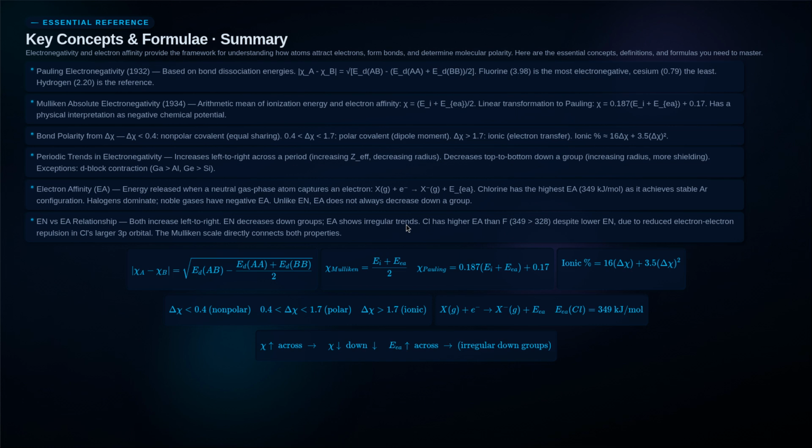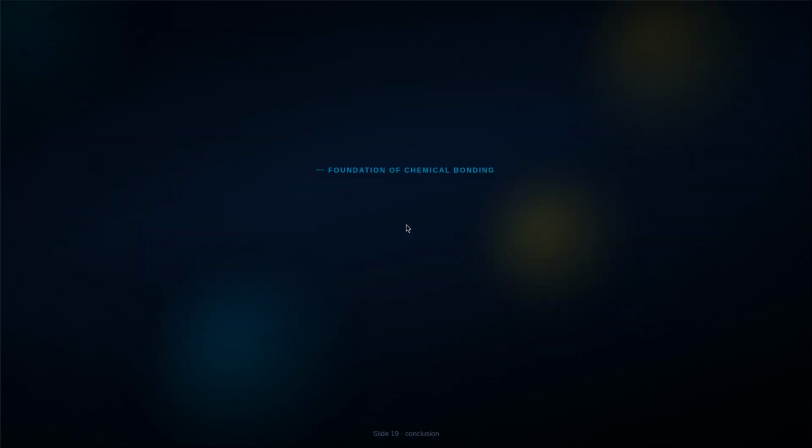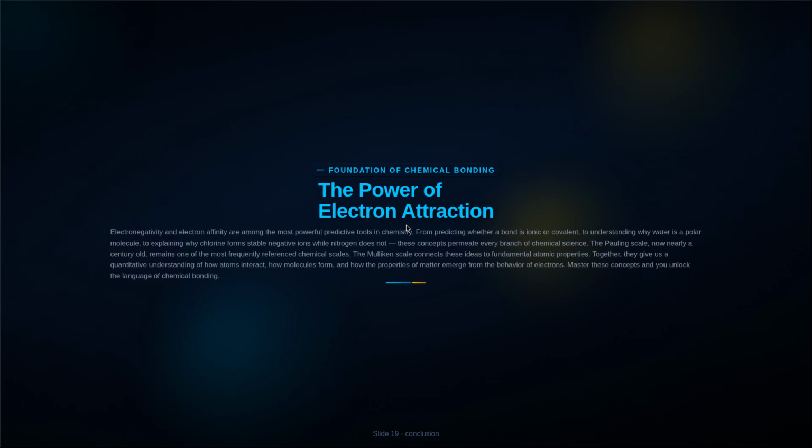Nonpolar covalent below 0.4, polar covalent between 0.4 and 1.7, and ionic above 1.7. Electronegativity increases left to right and decreases top to bottom in the periodic table. Electron affinity measures energy released when a neutral atom captures an electron. Chlorine has the highest value at 349 kilojoules per mole. Together, these concepts provide the fundamental framework for understanding chemical bonding.